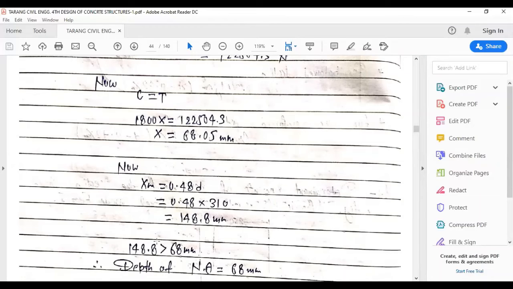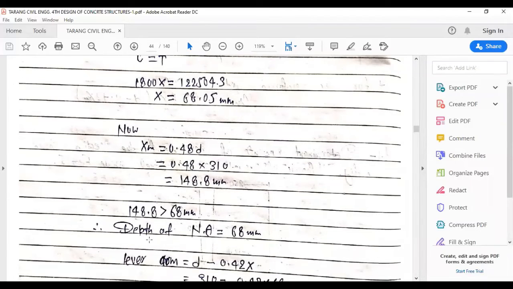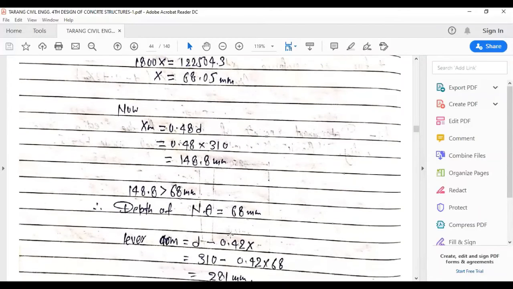And 148.8 is greater than 68 mm. So the depth of neutral axis will be taken as 68 mm. Now next step is to find the depth of lever arm. And lever arm is found using the formula d minus 0.42x, which we also learned in the previous page.